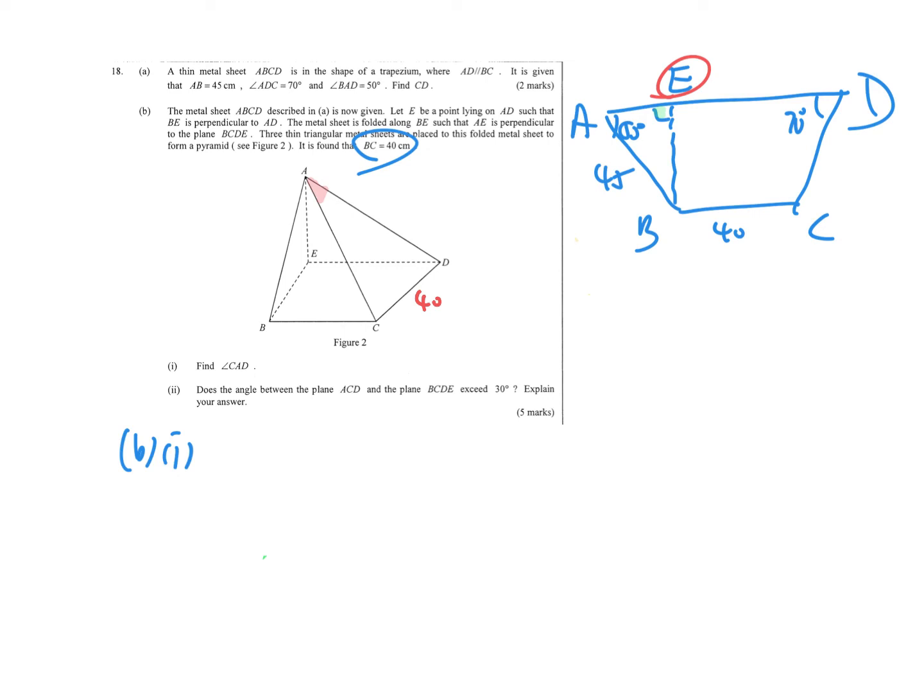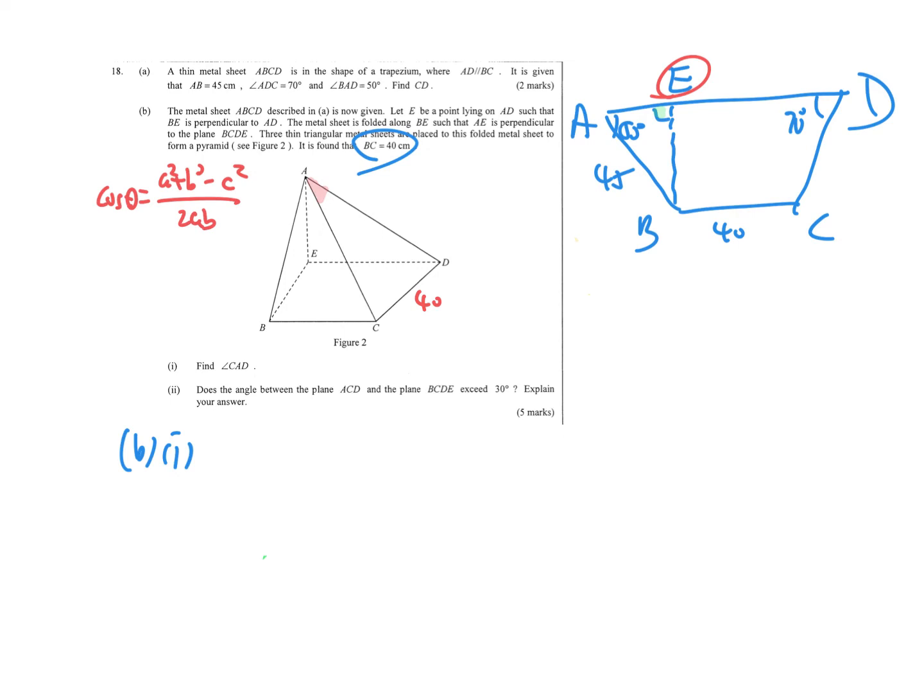So for this question, because we used the sine formula in part A, definitely we have to use the cosine formula in part B, including B1. So for the cosine formula, in order to find an angle, we can come up with this one, cosine equals a squared plus b squared minus c squared over 2ab.